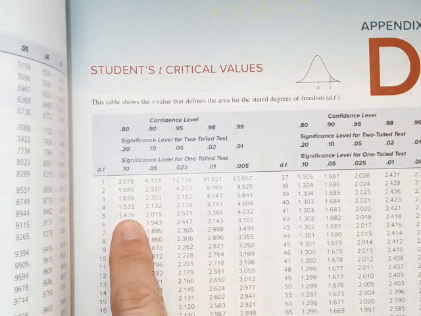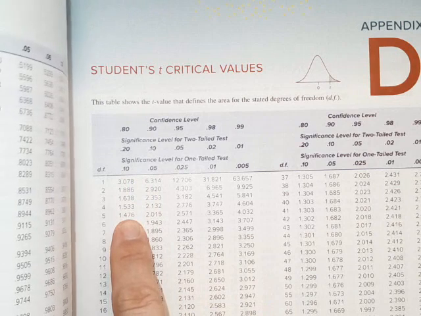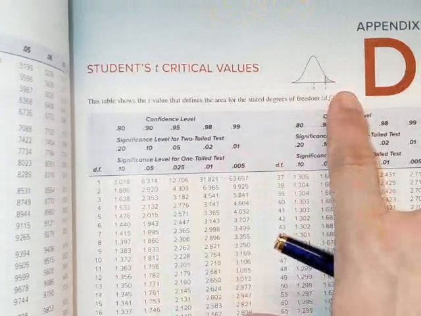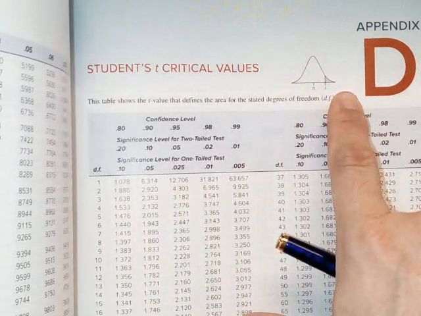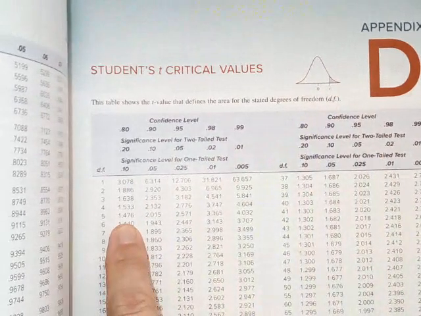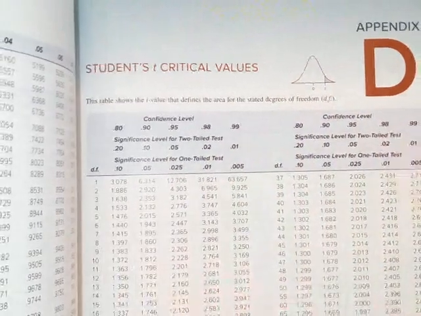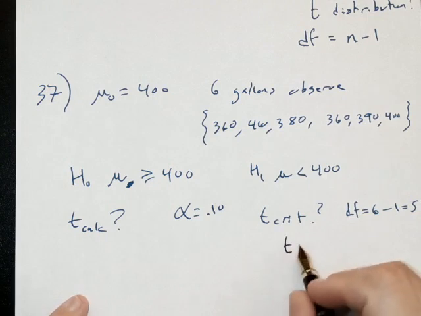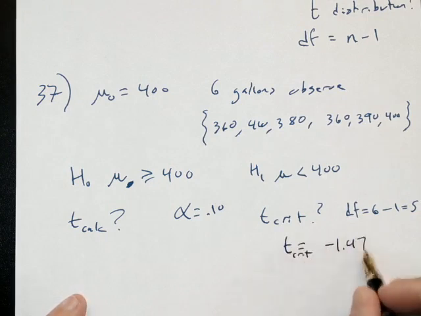Since I'm doing this to the left, I should use the negative value, because this picture shows the right tail, yes? Therefore, I want the left, I'm going to use the negative value. Flip the picture over. Great.